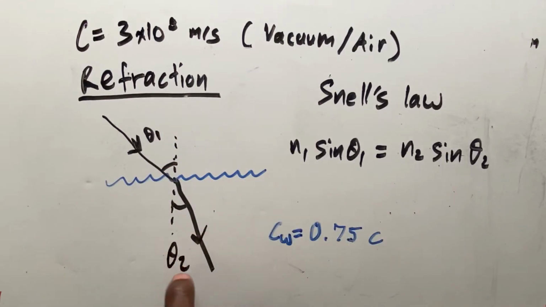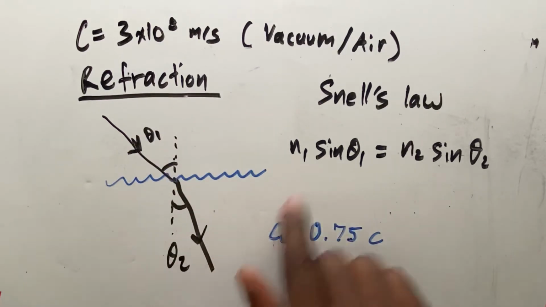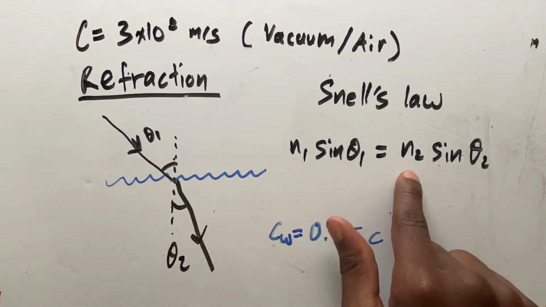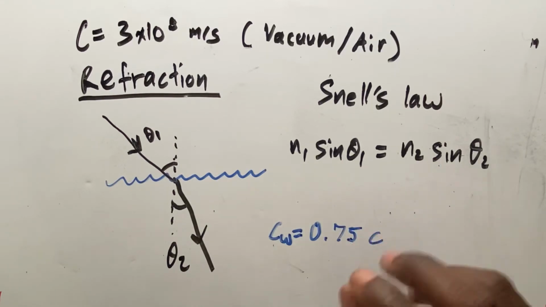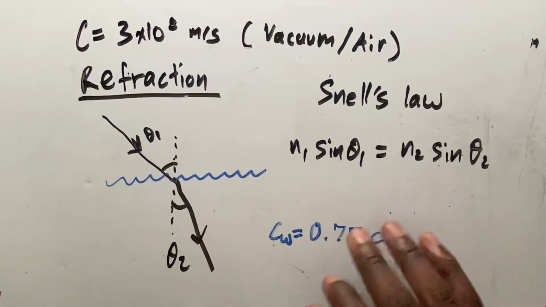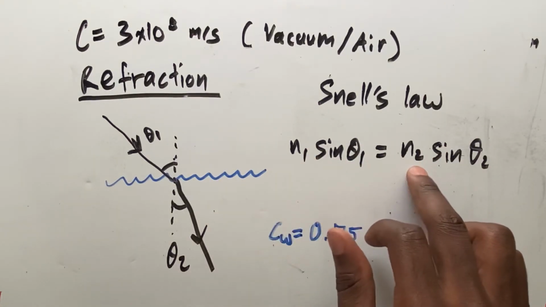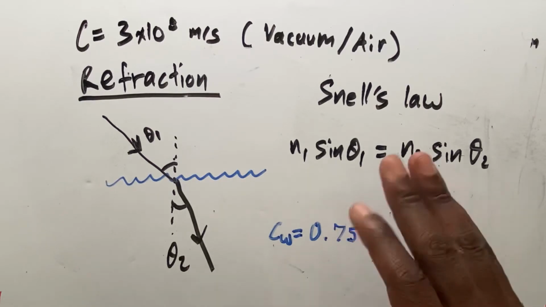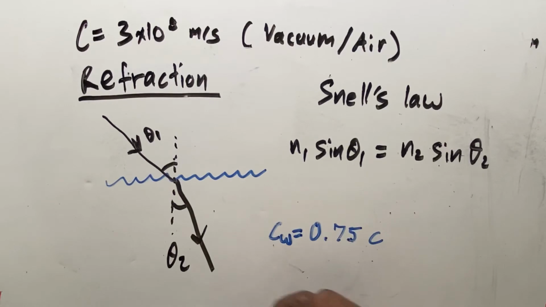Theta 2 is that bottom angle inside the other material, and N1 and N2 are what we call the indices of refraction, where the index of refraction just tells you basically how the light is going to be bent inside of different materials.